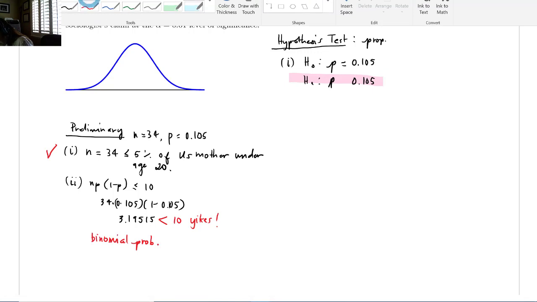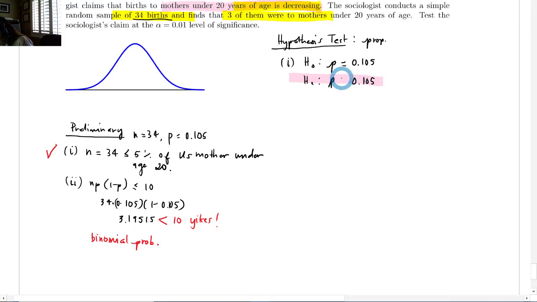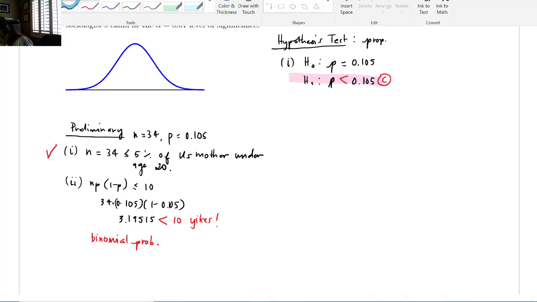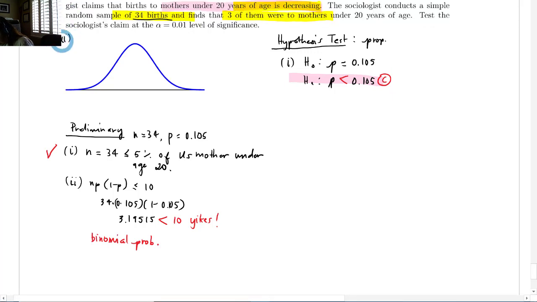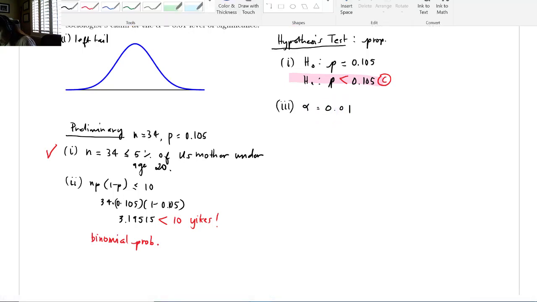So what does that mean? Decreasing would be a larger proportion or smaller proportion, right? Smaller, and then mark the claim. So what type of test is this? Going on to step 2, we can see that it's pointed to the left, so it'll be a left tail test, where the alpha given is going to be 1%, 0.01. So if it's a left tail test, let's go ahead and mark that.